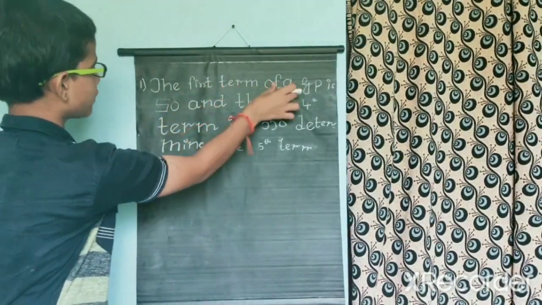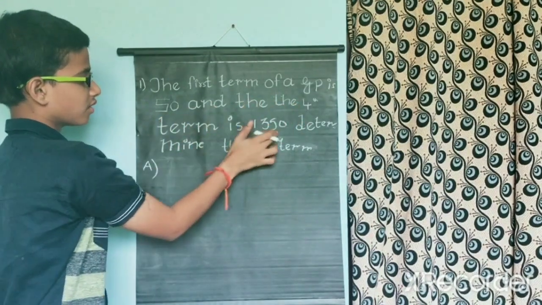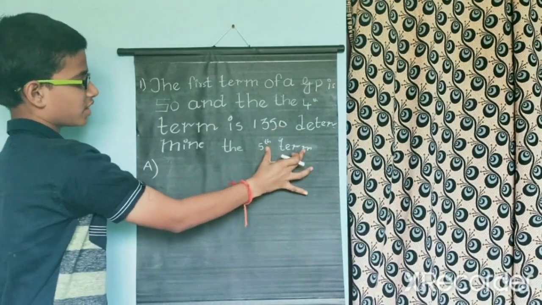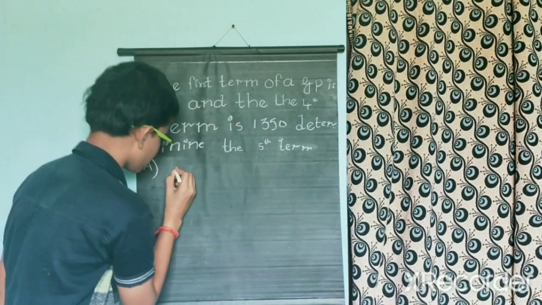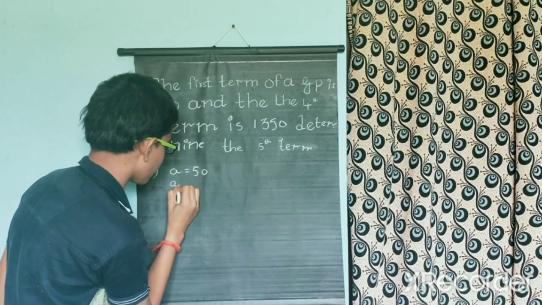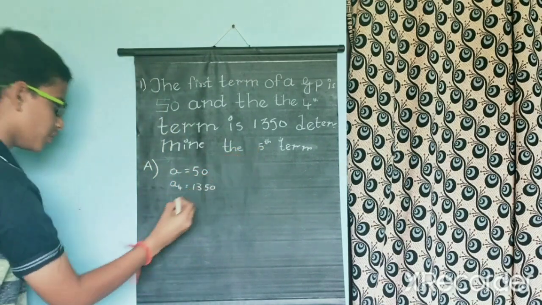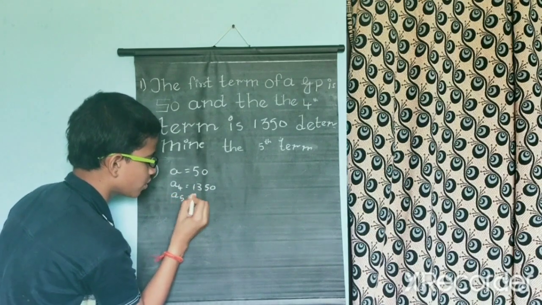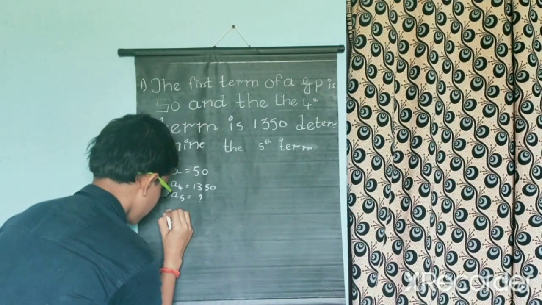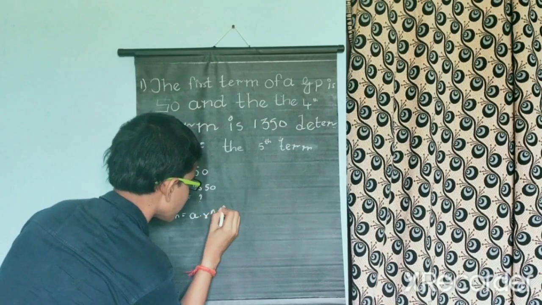Here the first term of the GP is 50, a equals 50, and the fourth term a4 equals 1350, and we want to find the fifth term a5. First of all, we know the nth term formula: an equals a into r power n minus 1.